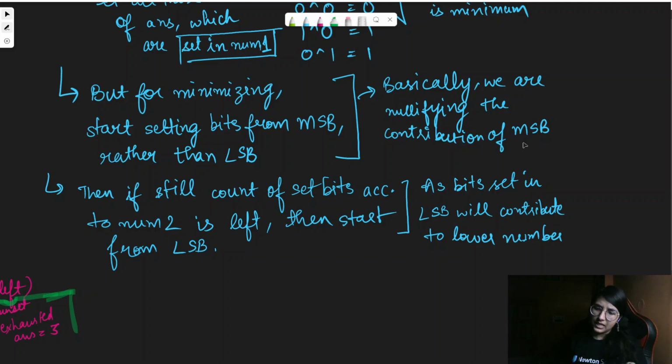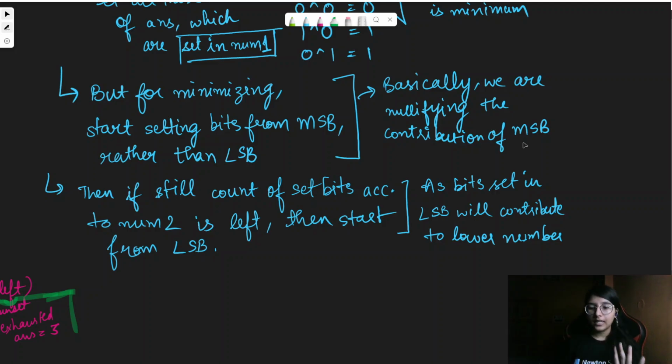So, if by chance the number of bits which are set in nums1 is not equal to nums2, then surely we are required to set more bits, right? So rather than setting those bits from the MSB side, let us set those bits from the LSB side. But before that, because we want our minimum answer, we will be setting all those bits which are already set in nums1.